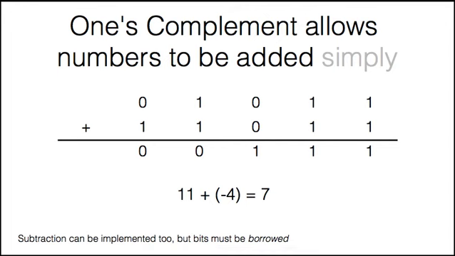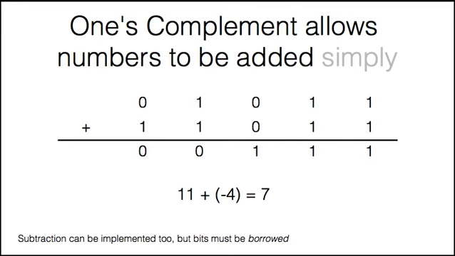It can be a bit tricky. So the system does work, but when you do the addition, if there's a 1 left over, you have to carry it back in around the back to get the correct answer. And so here, 11 plus minus 4 equals 7 is the correct answer.